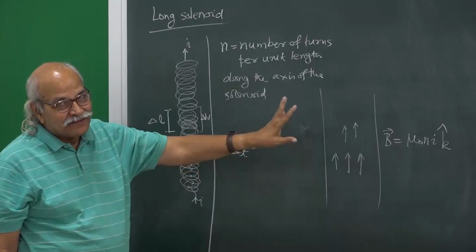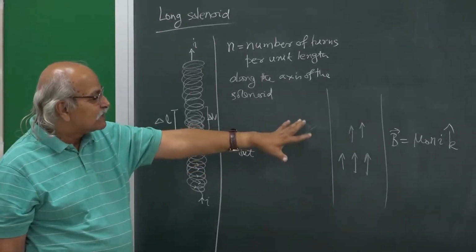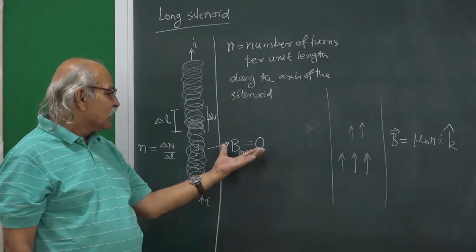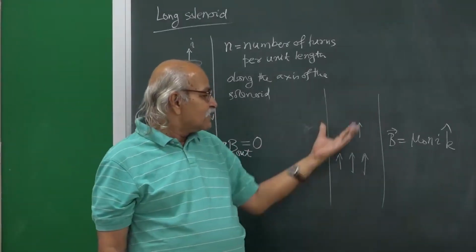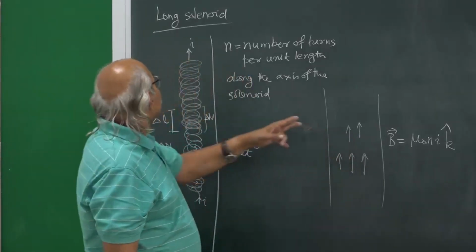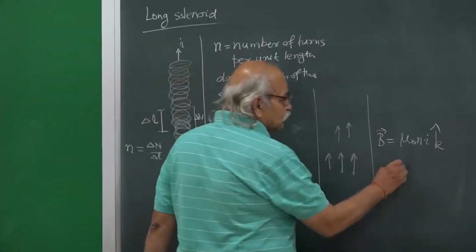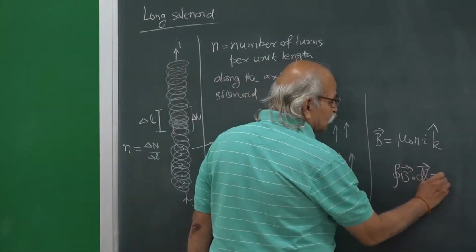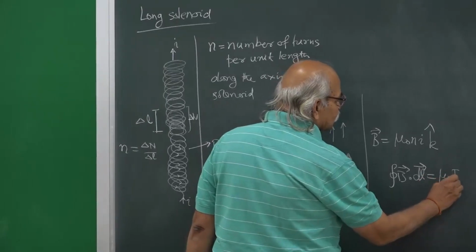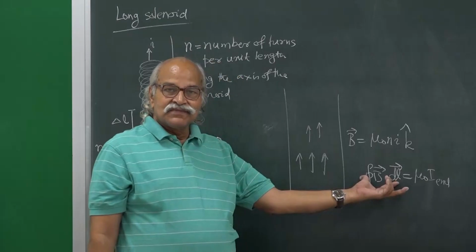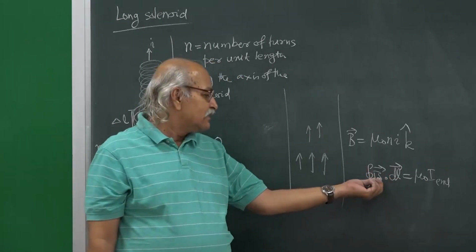That is very important, and that will give good practice of using Ampere's law. So outside we will take it to be 0, and inside the first task is to find the direction of the magnetic field, because to evaluate the integration B dot dl equal to mu naught times I enclosed, I need the direction.